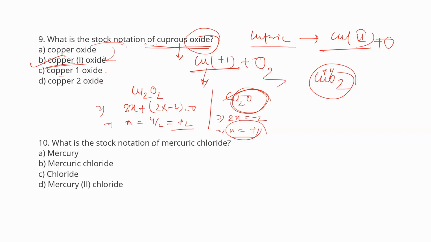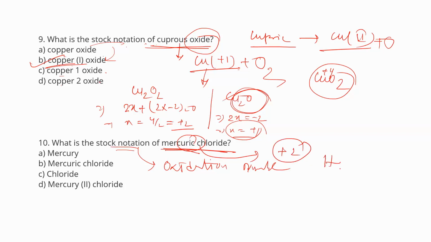Now what is the Stock notation of the mercuric chloride? Again, Stock notation means we have to show the oxidation number. Mercuric, ferric, cupric, this type of naming shows the +2 oxidation state.